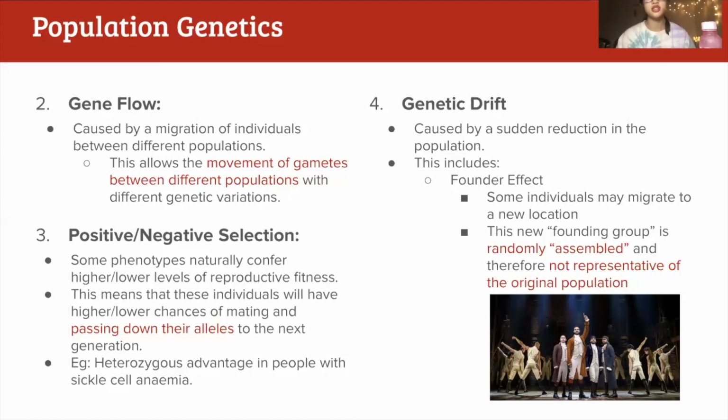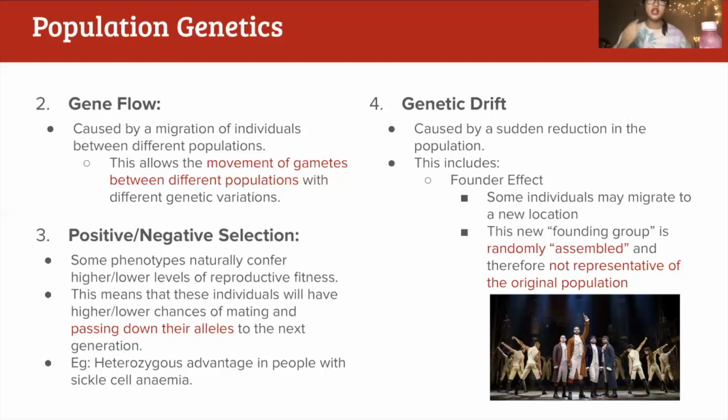So they don't pass down their alleles, and so bright colored tail feathers are overrepresented in the population because the females only like the dudes with the bright tail feathers. There's also heterozygous advantage in people with sickle cell anemia.